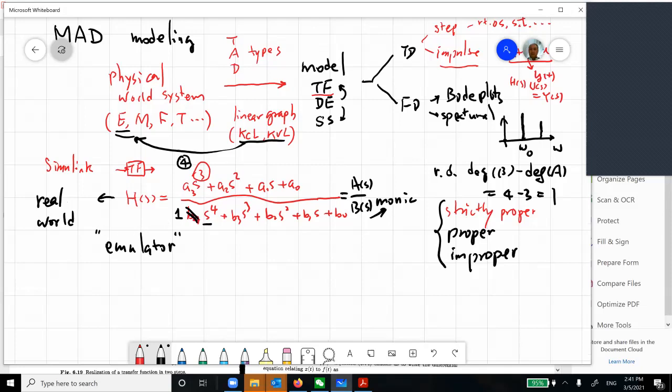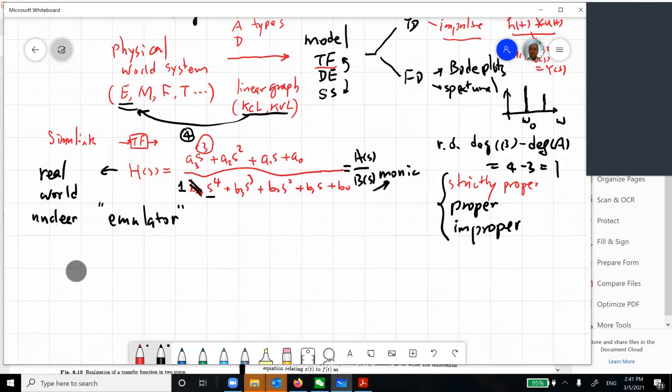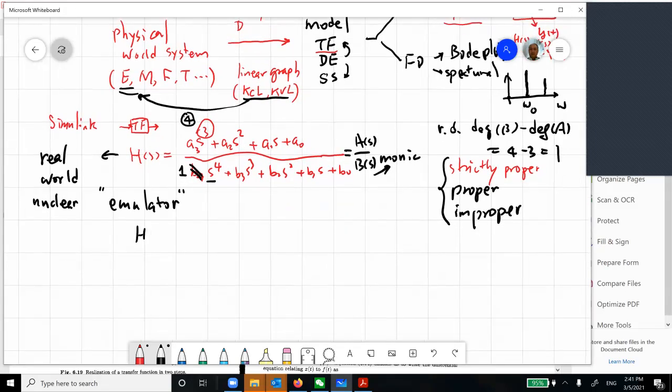Say, for example, this is a nuclear power plant. We don't want to experiment on that directly, so we want to build something from outside. So this is G(S), but you pull out this one to an emulator, so these two outputs are the same.